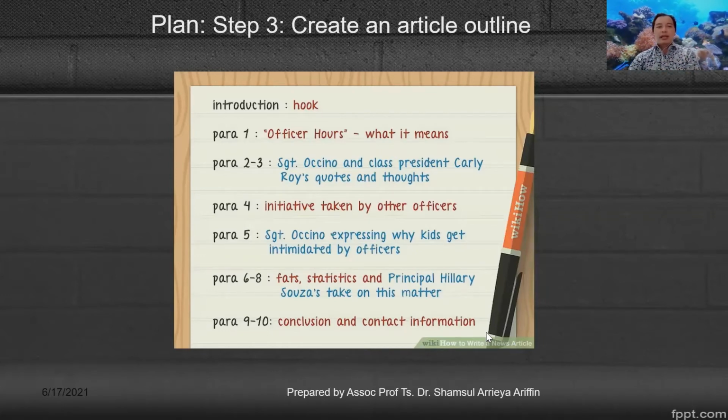So this is the structure, the architecture of the article. You have introduction, you have conclusions, and in between you have the points, including describing the process, or also including what statistics you want to include in your article.